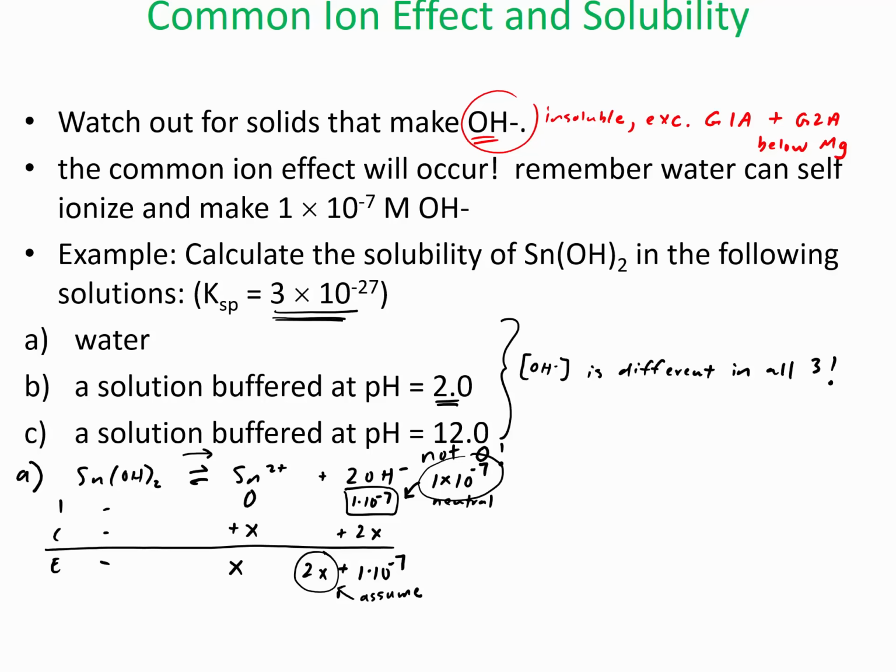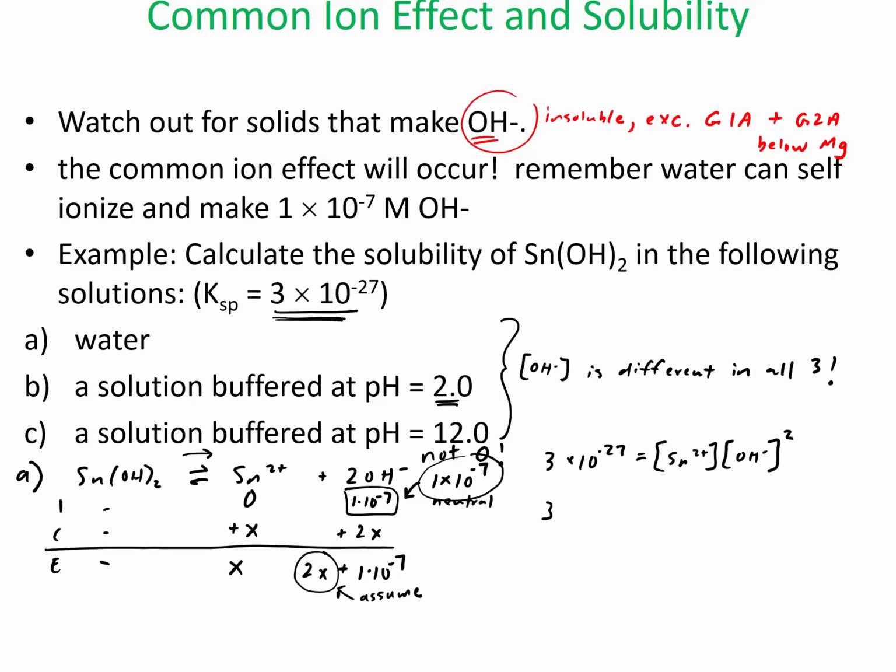Okay, where am I at here? Okay, so 3 times 10 to the negative 27th equals x, or actually, let me write this out. Okay, and this is going to be squared.